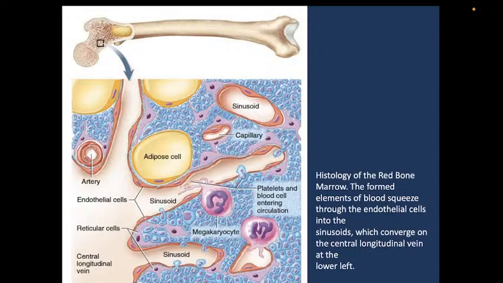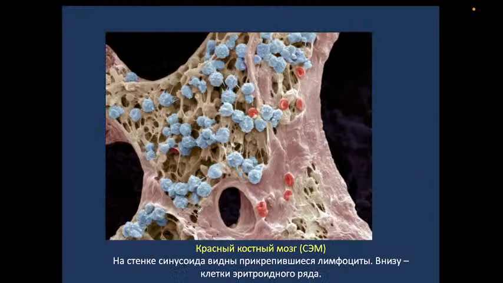Here is a typical microstructure of the red bone marrow, which is filled with a lot of cells, like stem cells, which produce lymphocytes.